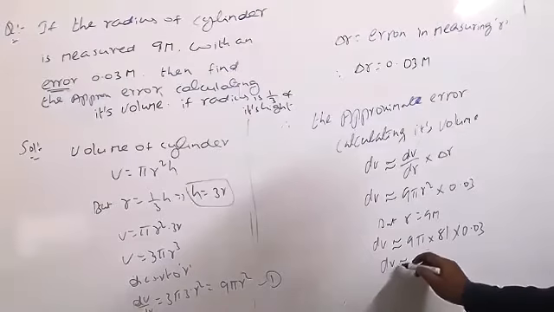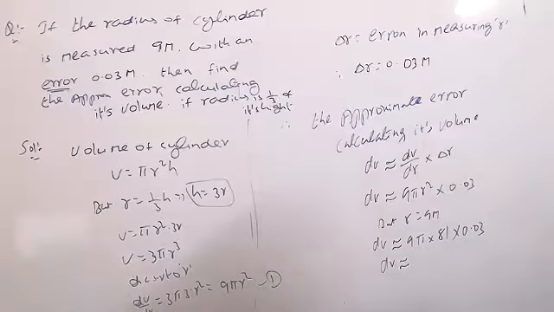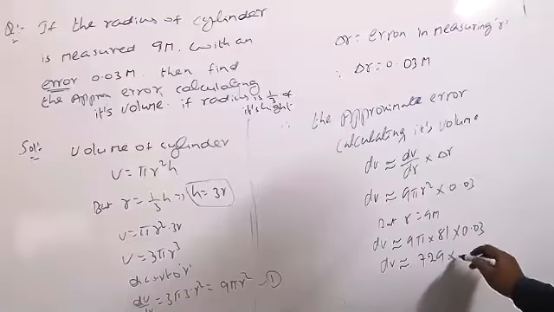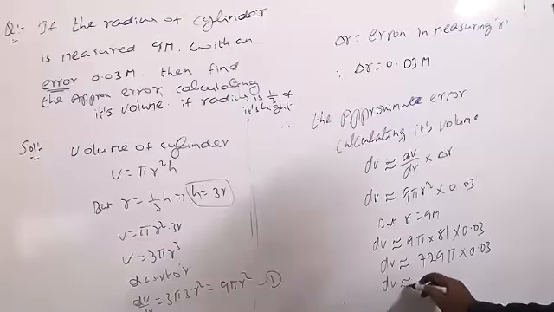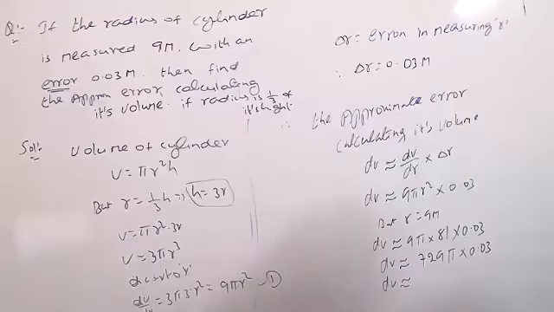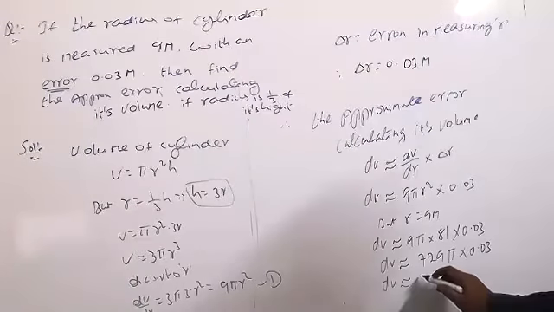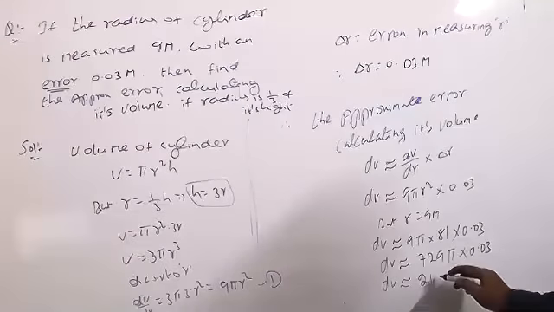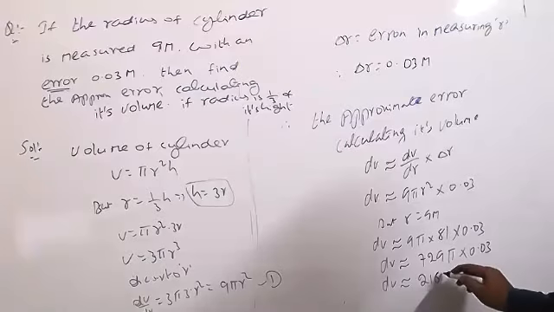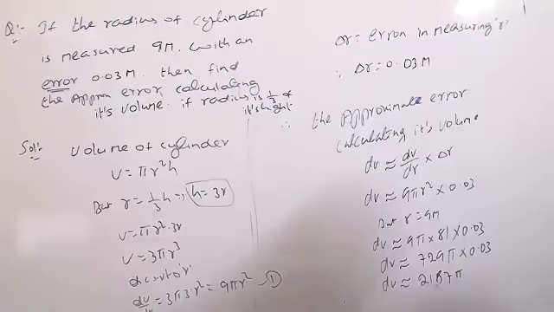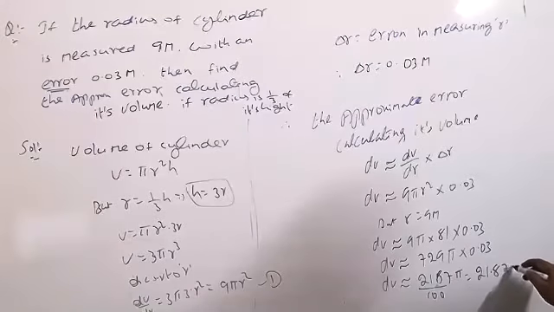So dV is approximately 729 pi into 0.03, which is 21.87 pi.